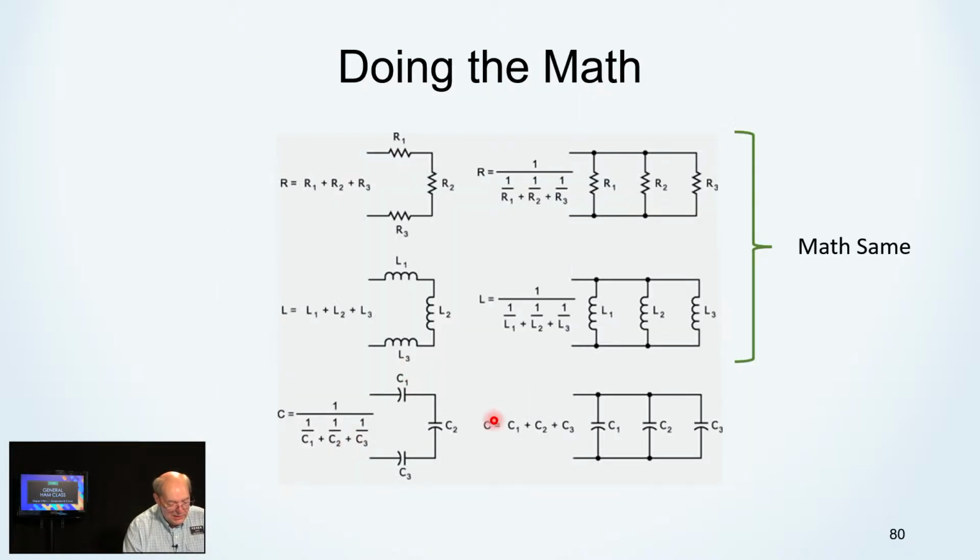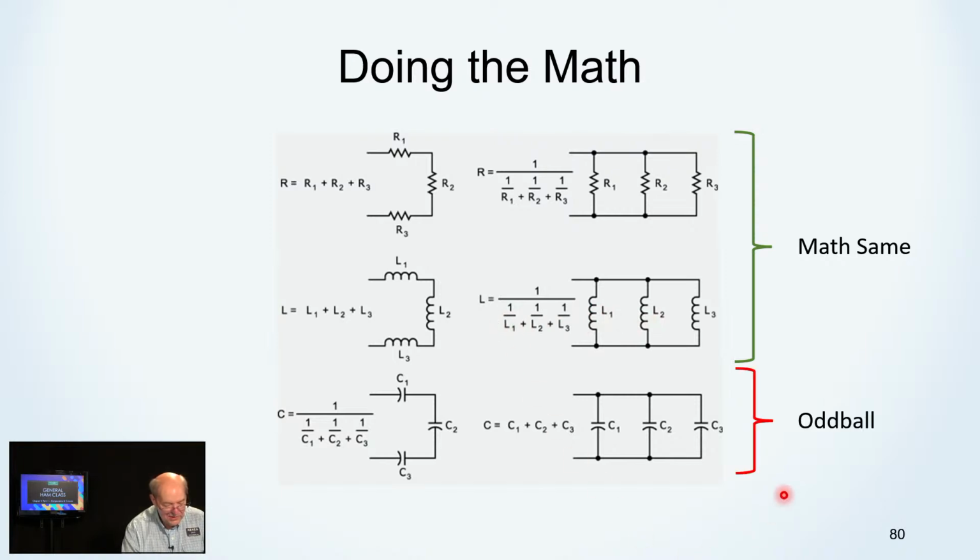So doing the math. Now I mentioned that the way the math works for resistors and inductors is the same. You add a resistor to increase the resistance. If you put them in parallel, the resistance becomes smaller and smaller, reference the input terminals. Inductors work absolutely the same way.